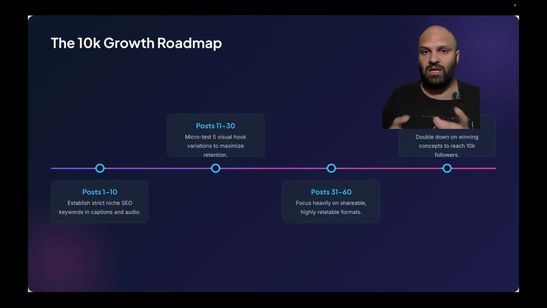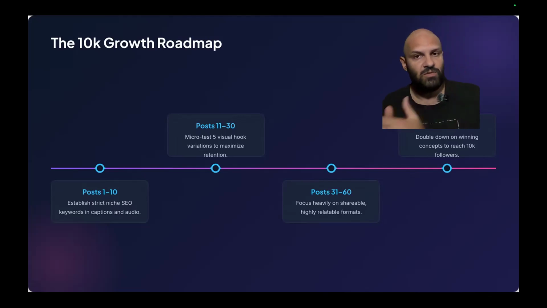You need to see if the first 1.7 seconds starts with a dog's face or a dog running or a dog jumping, what gets people to stay? Okay, post 31 to 60, you focus heavily on shareable and highly relatable formats.